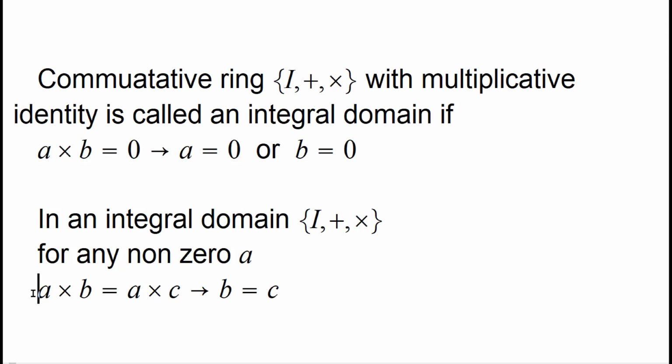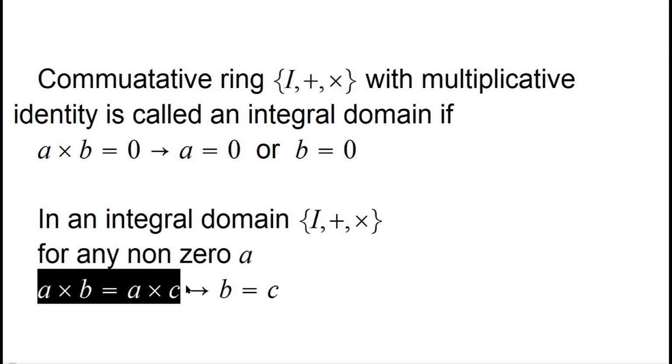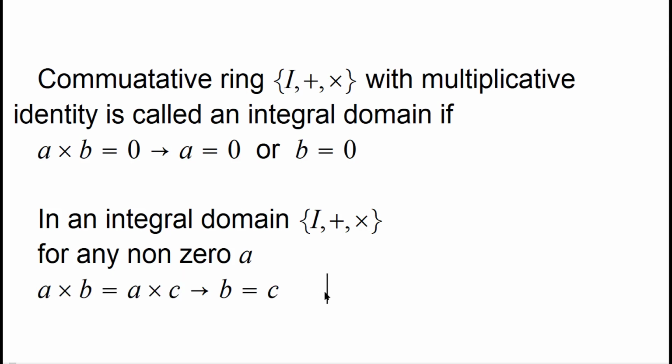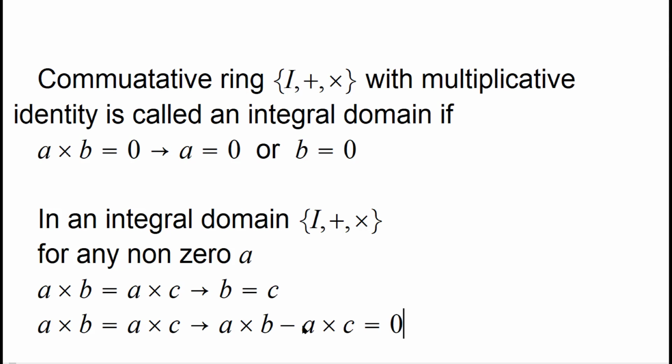That is, if I have a cross b equals a cross c, then I can add negative a cross c to both the sides, right? And then on the right hand side we get 0. Here we are using the inverse property.